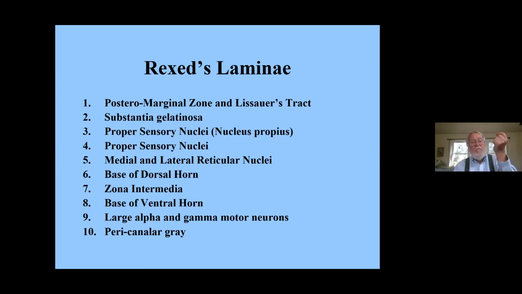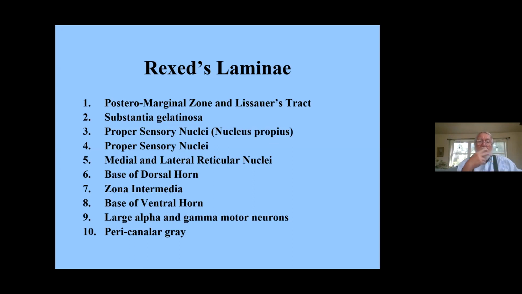Now, what you should be doing in general organization is pairing lamina 2 and lamina 5, and then lamina 3 and lamina 4. Why? Because the inputs that come into lamina 2 and lamina 5 from these laterally projecting dorsal root ganglion axons coming in, the vast majority of these inputs are C-type fibers relative to A-delta fibers.